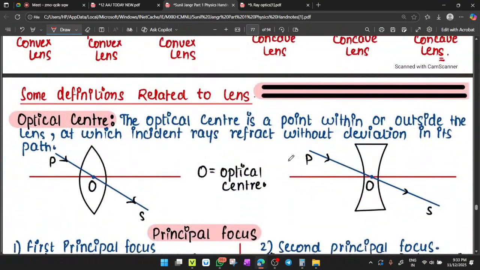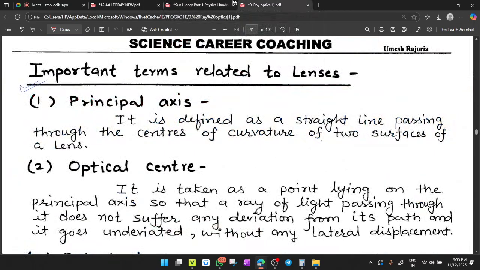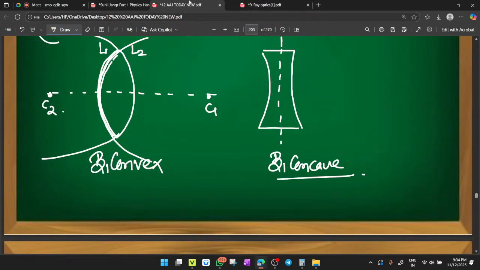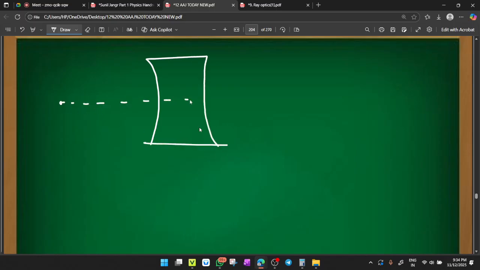So first, optical axis. What is the optical axis? Check, there are two centers of curvature. Then an imaginary line passes through these two centers of curvature, C and C dash. Clear? So this imaginary line passing through the two centers of curvature is called the optical axis.